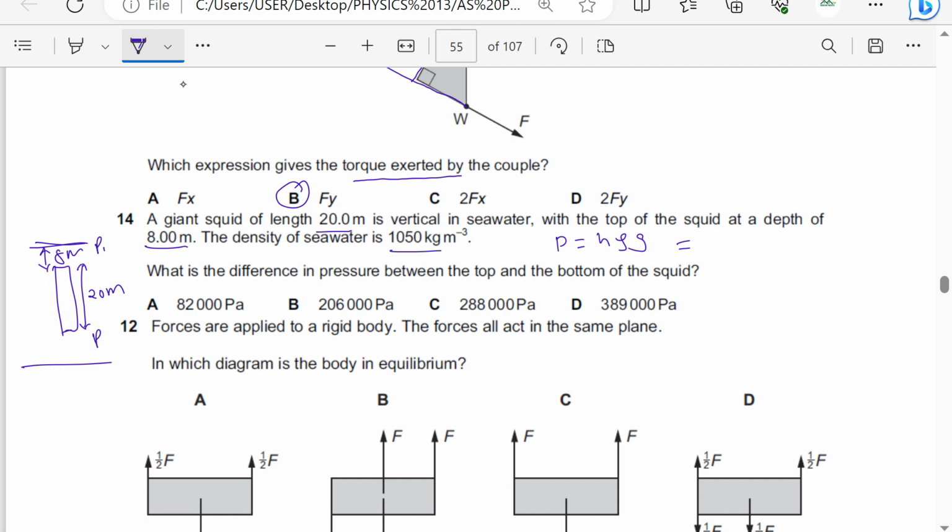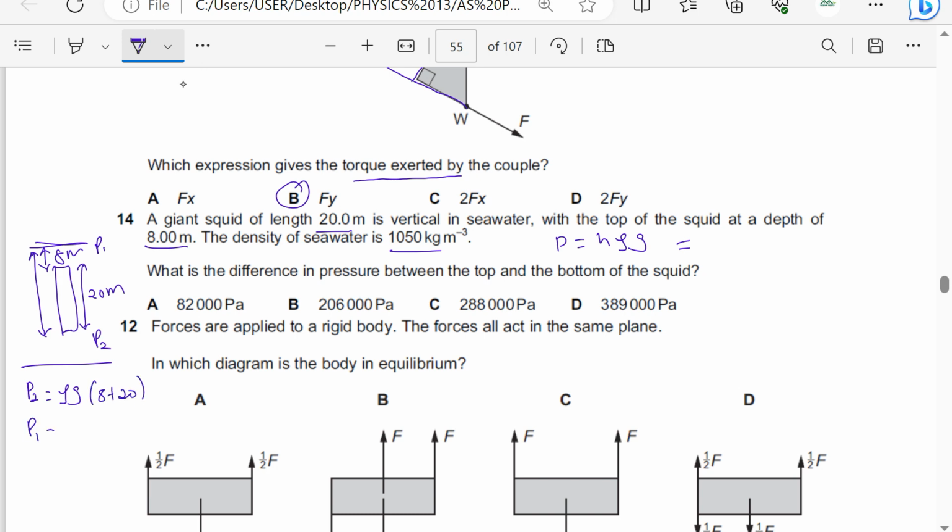So the difference in pressure is going to be the pressure at the top, P1, subtracted from the pressure at the bottom, P2. P2 is equal to density times g times the height H2, which is 8 plus 20.